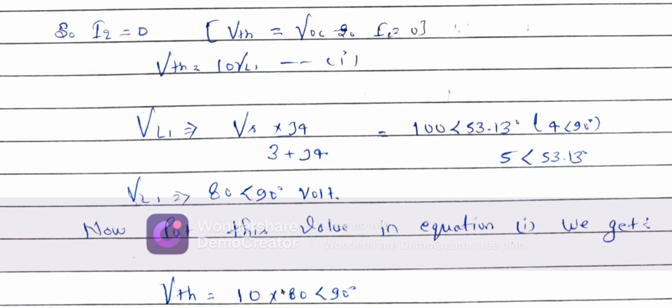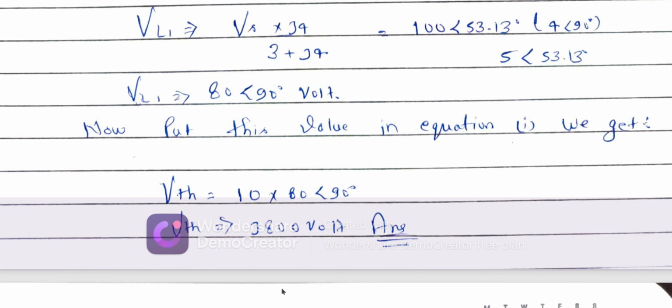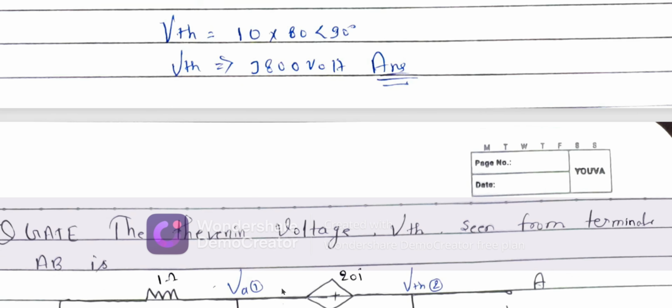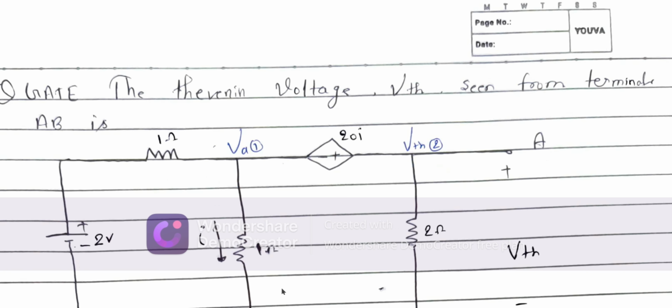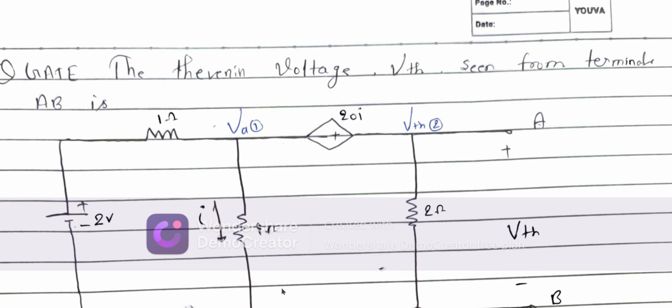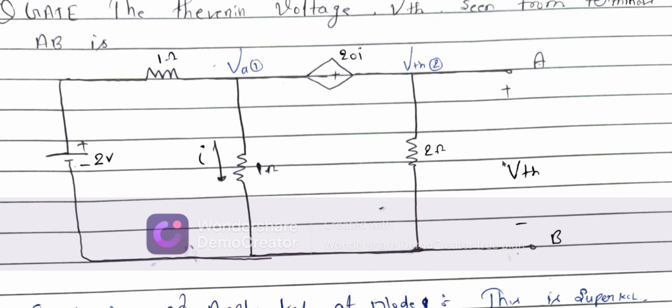So VL1 is equal to 80 angle 90 degree. Now VTH is equal to 10 VL1, 10 into 80 angle 90 degree. So VTH is equal to 800 volt, which is the answer of the question.